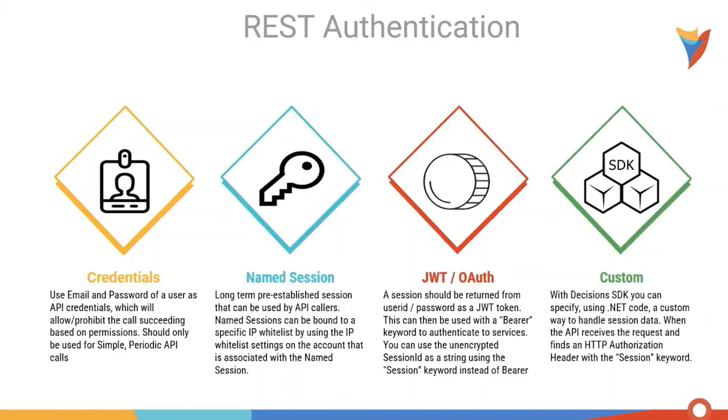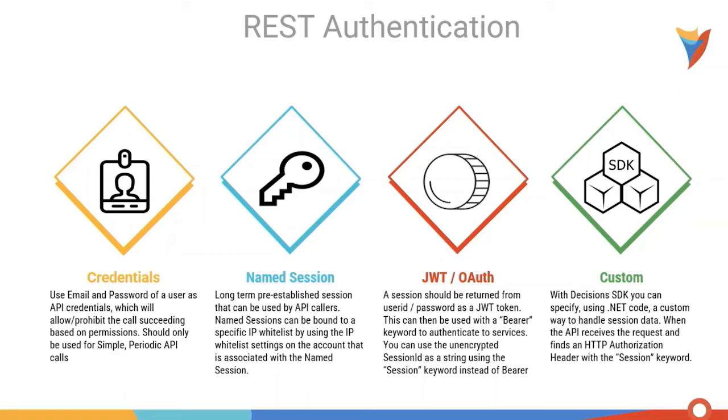So the first way to do that is to use your email and password credentials as part of the API call. Credentials can be passed in either through the body of a POST request or in the URL of a GET request. But this type of authentication might not be the most secure as it requires sending across your credentials over the REST boundary.